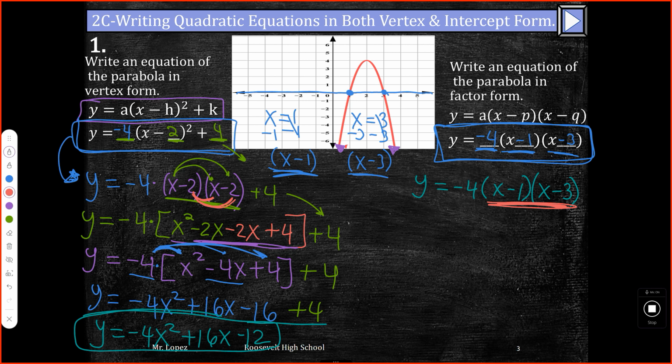So y is going to equal -4. Let me use brackets again like I did in the other one. And multiply. x times x, x squared. x times -3, -3x. Then we got -1 times x, -x. -1 times -3 is +3.